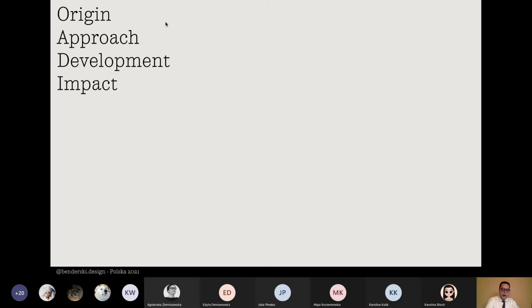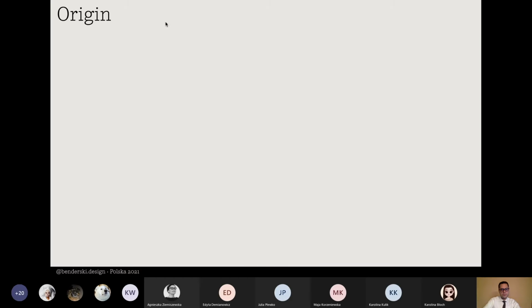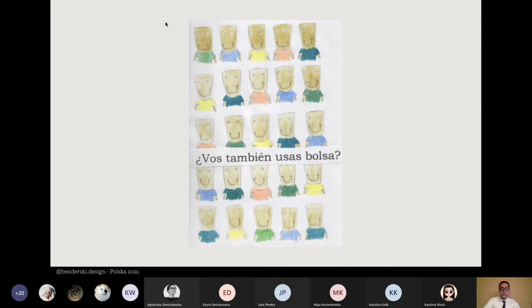It's not that I started designing posters 15 years ago and not just yesterday. And you're going to see how I evolved. Then my approach, and I want to share with you how I believe designers should think. Then the development, all the process, the different ways to design a poster, and then the impact. What happened since I started designing posters?